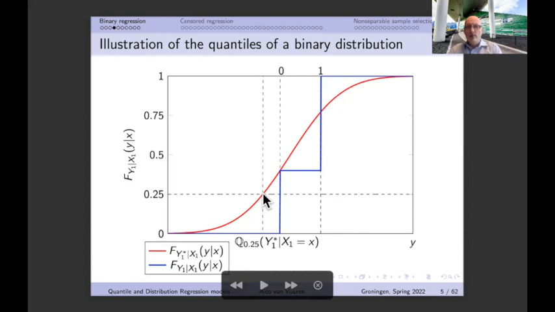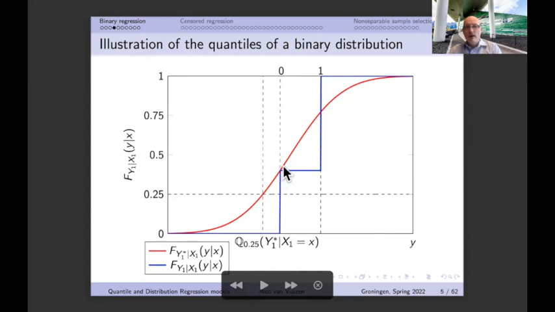The moment that we go up, if we go up a little bit, we will still see that the quantile of y1 star is going to be negative, and that the quantile of y1 is going to be equal to 0. But there is, of course, a point somewhere here, around 0.40 or something like that, for which the quantile of y1 star becomes positive.